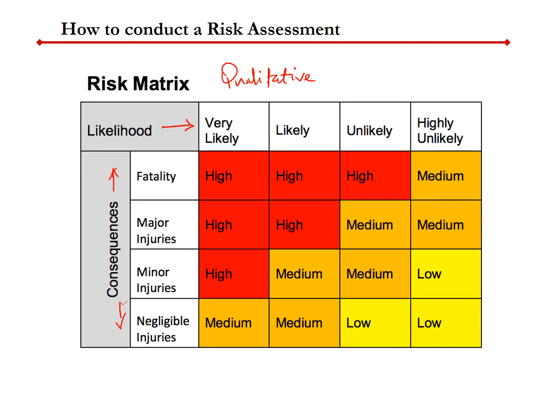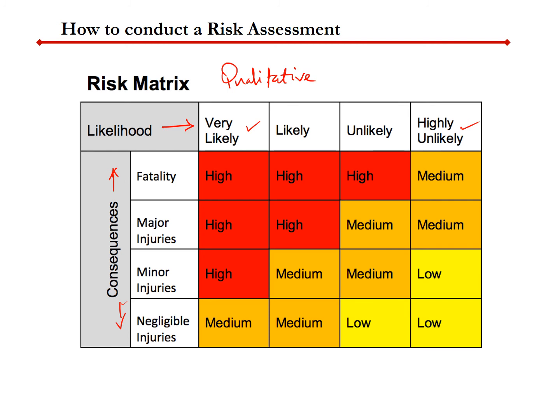You determine if it is very likely or highly unlikely. And this could also be based on consensus of your risk assessment team, on how to classify the likelihood of a specific hazard as very likely or very unlikely.